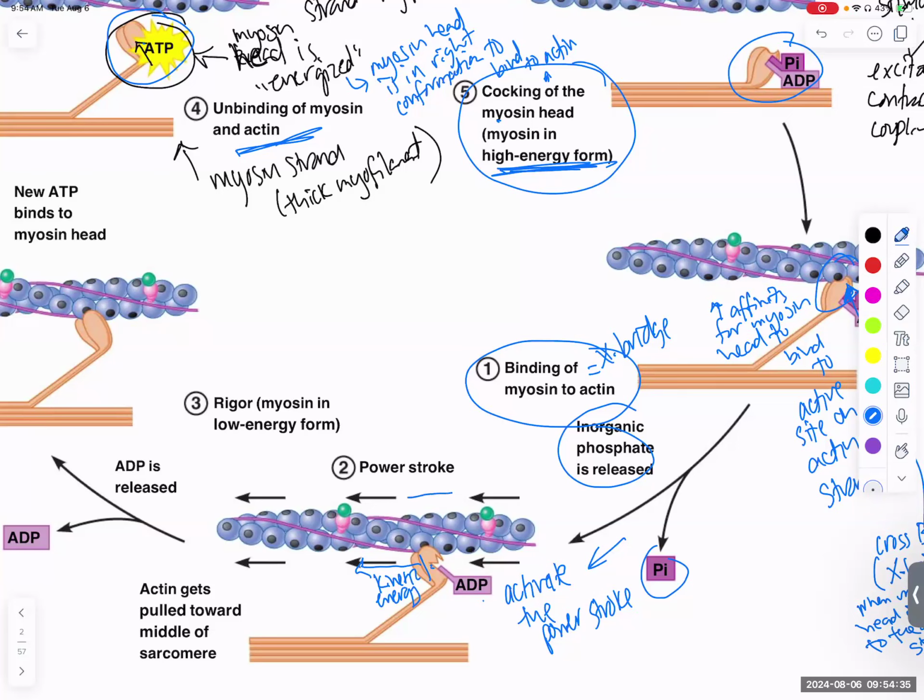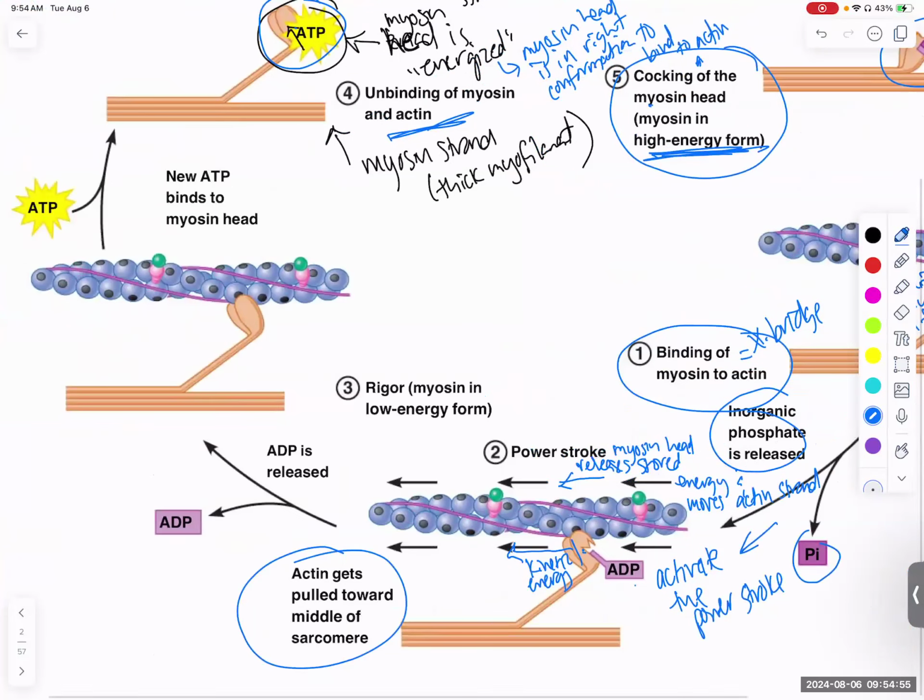So a power stroke is where the myosin head releases stored energy and moves the actin strand. That's a power stroke. Actin gets pulled towards the middle of the sarcomere due to the power stroke. And at that point, ADP is released off the myosin head.